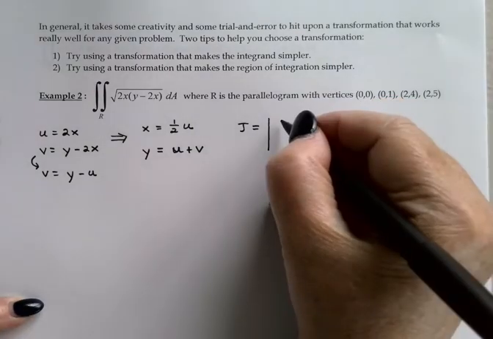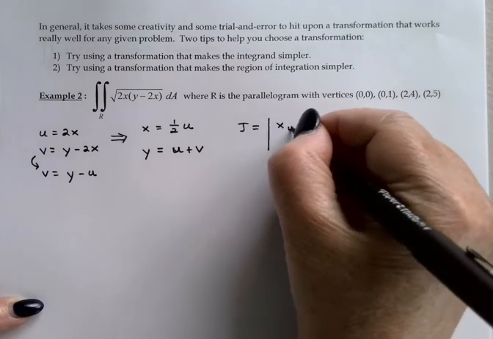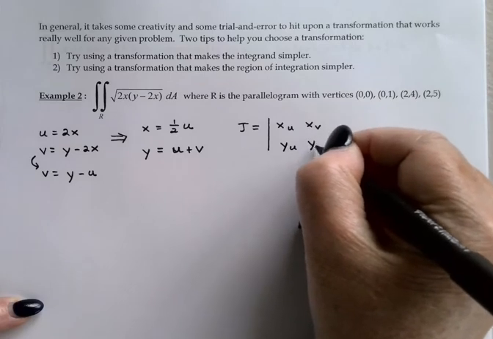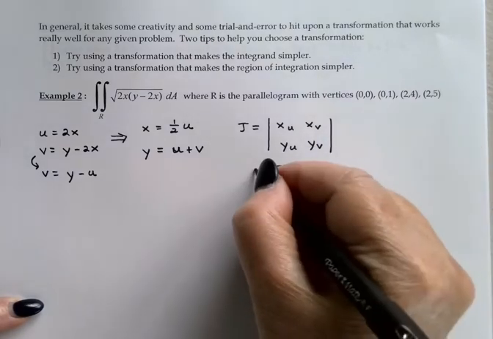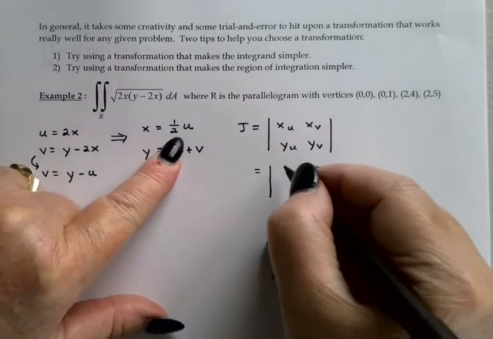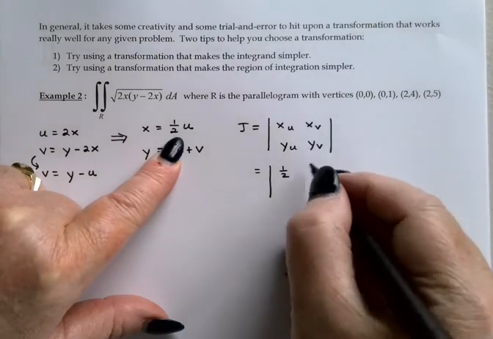which would be the magnitude of, or the determinant of, x sub u, x sub v, y sub u, y sub v. And in this case, x sub u is 1/2, and x with respect to v would just be 0.